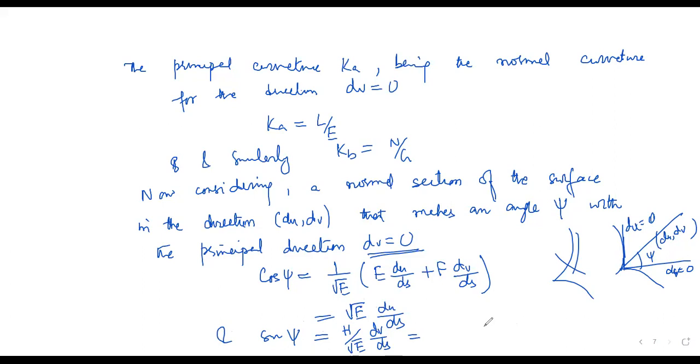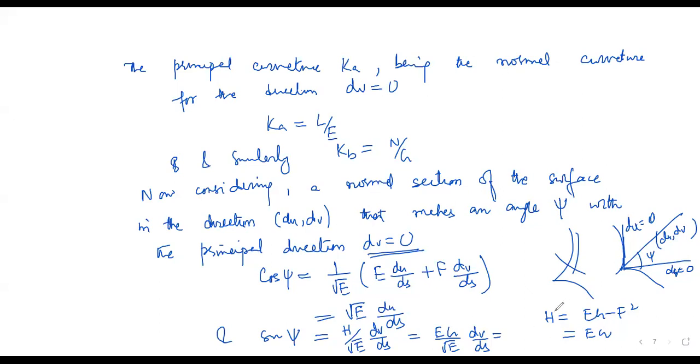But we know that h is eg minus f square, and since f is 0, I have chosen my parametric curves to be lines of curvature, so this is equal to eg.